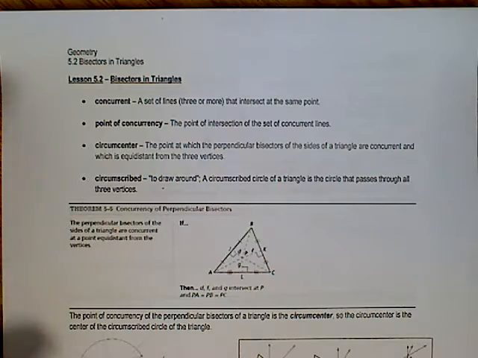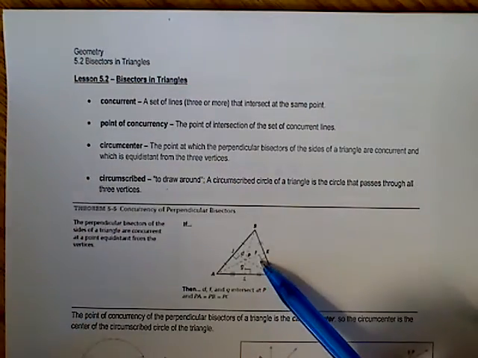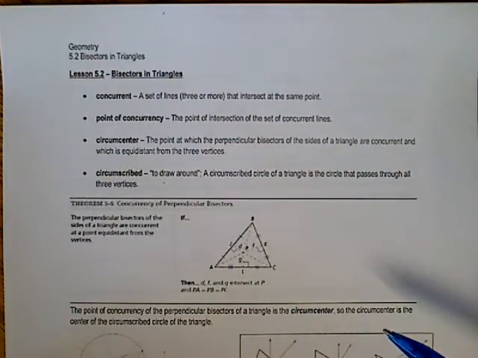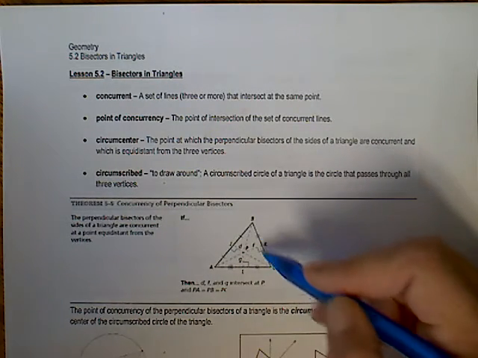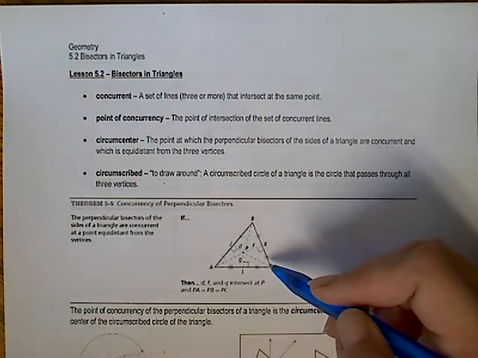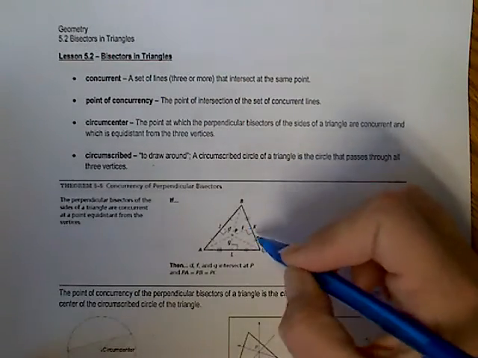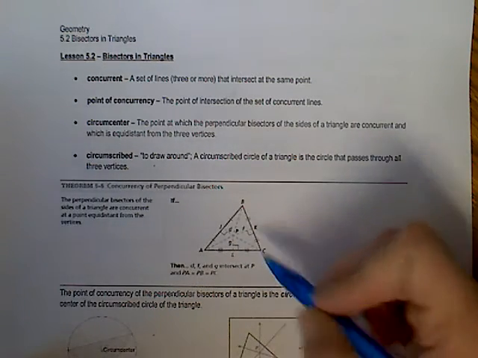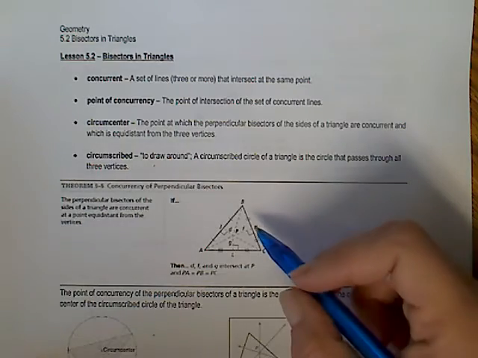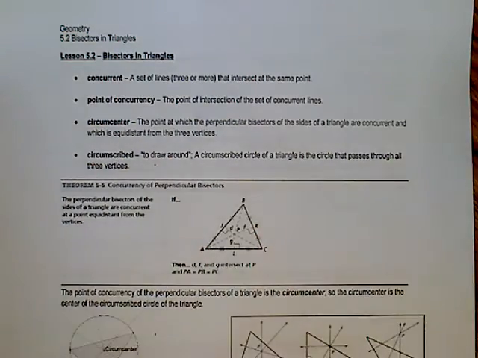I want to point out that right here, I have a triangle. In this triangle, each side is bisected, so the line is cut in half. And this has a line that makes a 90-degree angle. The line is not a perfect straight line.